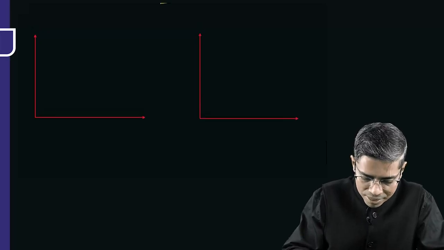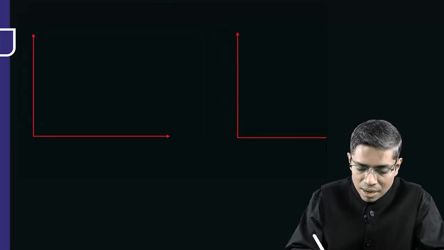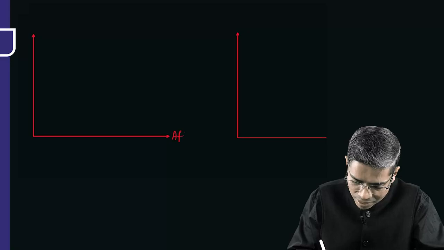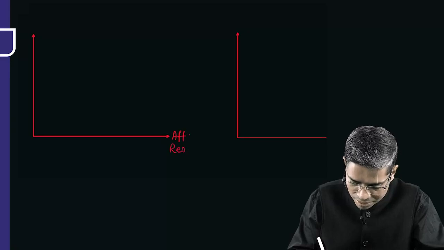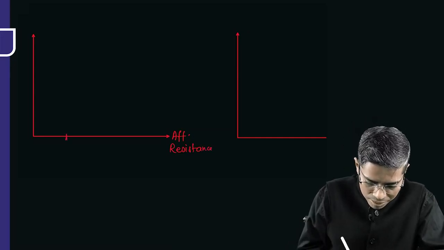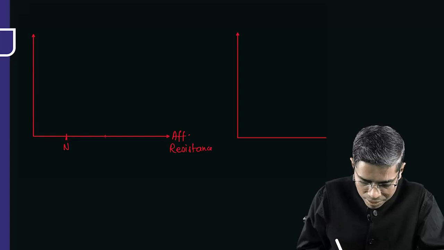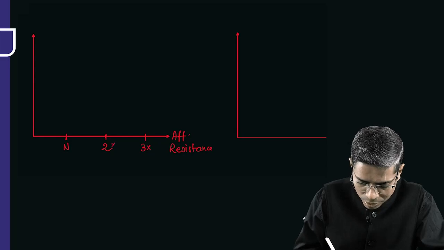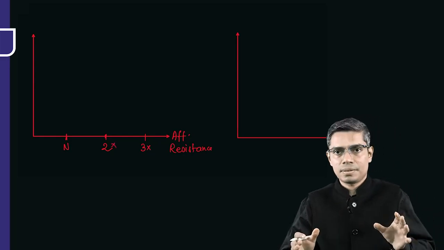So for constriction of the afferent arteriole, the x-axis is afferent arteriole resistance. Suppose this is the normal resistance, this is twice the normal, and this is three times the normal. Getting my point?